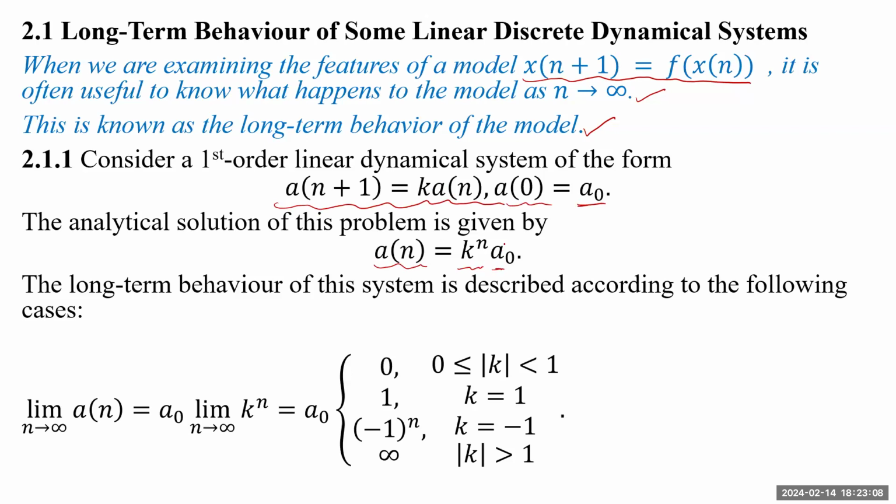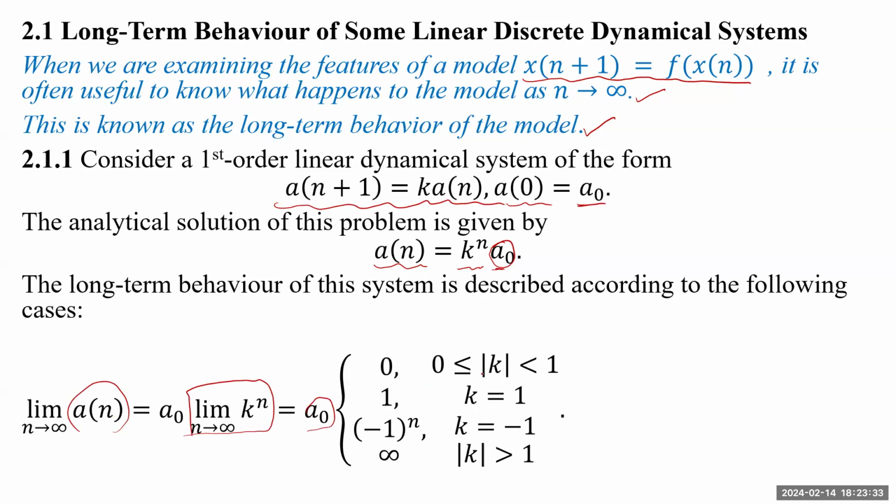A naught is a fixed amount. Now we are going to discuss the long-term behavior of this solution. That is, as n tends to infinity, with A naught as a constant, limit n tends to infinity of A of n is A naught times something, and there are different possibilities for k.